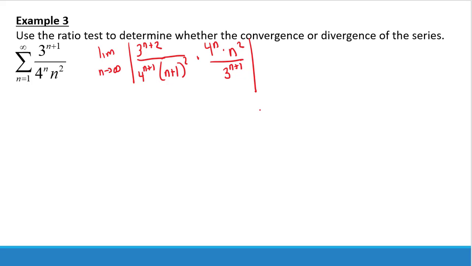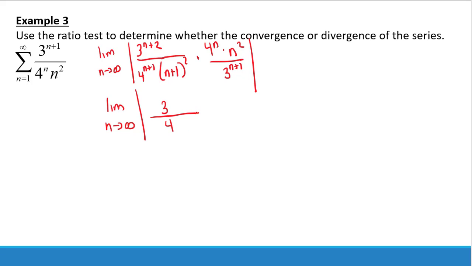Simplifying that: 4 to the n divided by 4 to the n plus 1. Subtract your exponents, and all you are left with is a 4. 3 to the n plus 2 over 3 to the n, all you're left with is a 3. And then you would have n squared over n plus 1 squared.